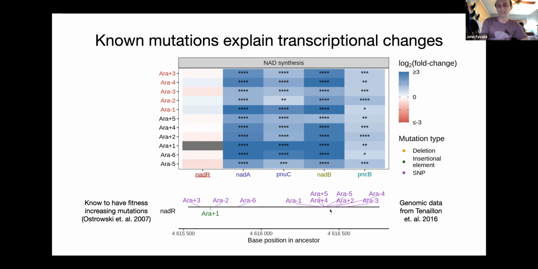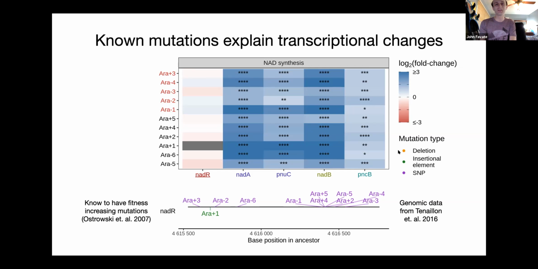Another neat thing you can see is that these mutations are kind of clustery, and judging by where they're clustered, they do sometimes occur in DNA binding domains or other parts of the protein. So it very much seems that all of the evolved lines have had parallel inactivating mutations to this NADR gene, and the effect of that appears to be upregulation of these genes.